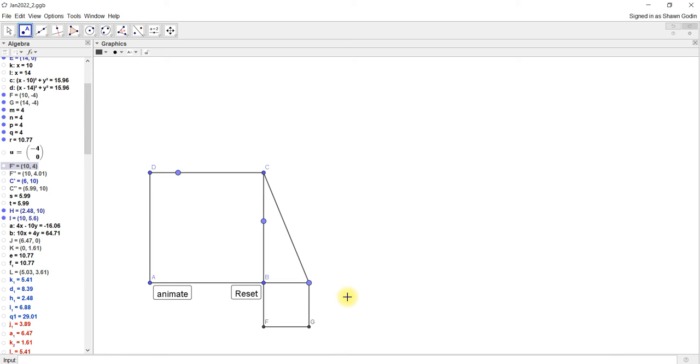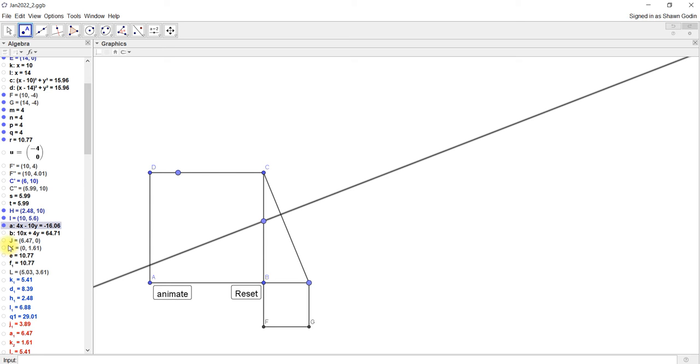It's just a matter of, we know that the slice this way is going to be parallel to this line, and the slice this way is going to be perpendicular to this line. I think I actually did the perpendicular one first using the perpendicular tool, and then this guy here is perpendicular to that. Then I can find these points of intersection to get the ends of my cuts and the point of intersection of the two cuts.